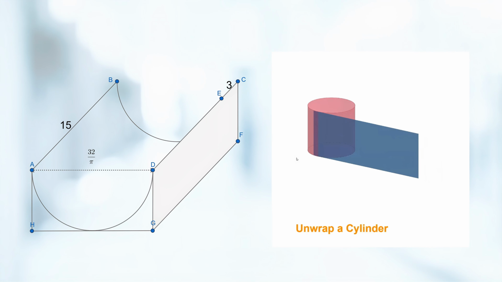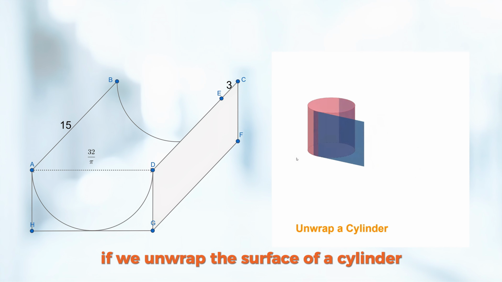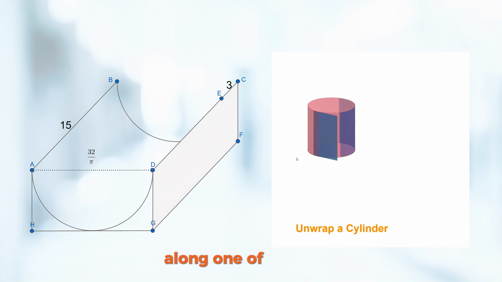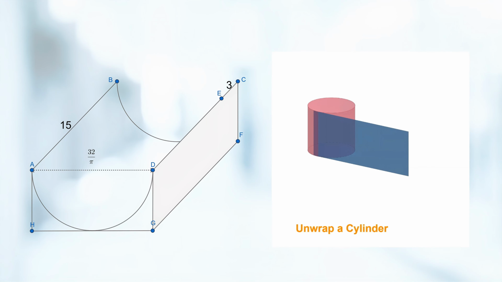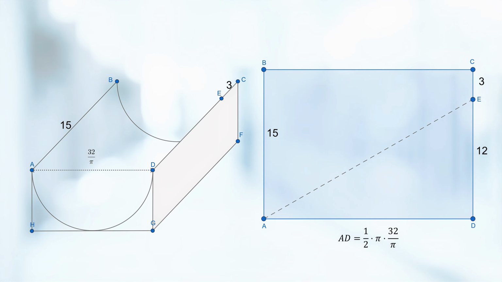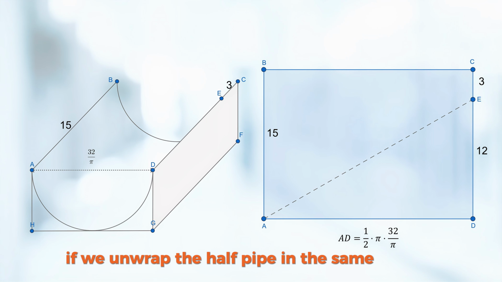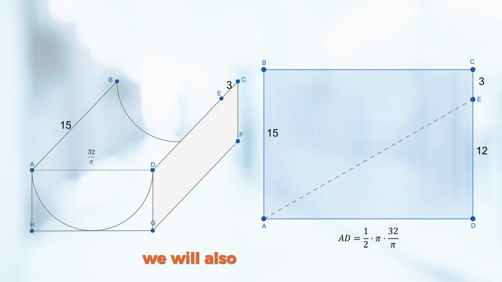Second, if we unwrap the surface of a cylinder along one of its edges perpendicular to the cross-section, we will get a rectangle. If we unwrap the half-pipe in the same fashion, we will also get a rectangle.